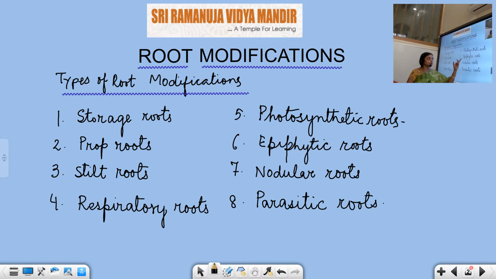And epiphytic roots: some plants take shelter on other plants so that they get proper sunlight. These plants have two types of roots: clinging roots and velamen roots. Clinging roots are short and branched, and they help in fixation.